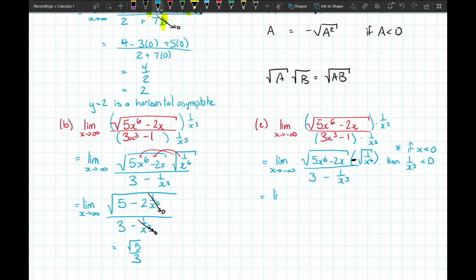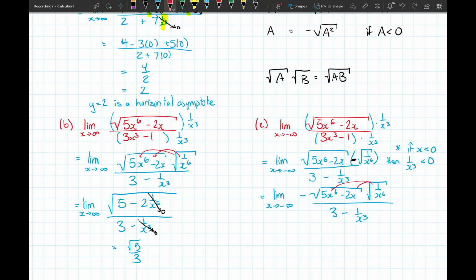We can take that negative sign as basically a -1 coefficient and move it to the front of the numerator. And from then, we can distribute one root into the other. We can distribute the square root of 1 over x to the 6 into the square root of 5x to the 6 minus 2x.